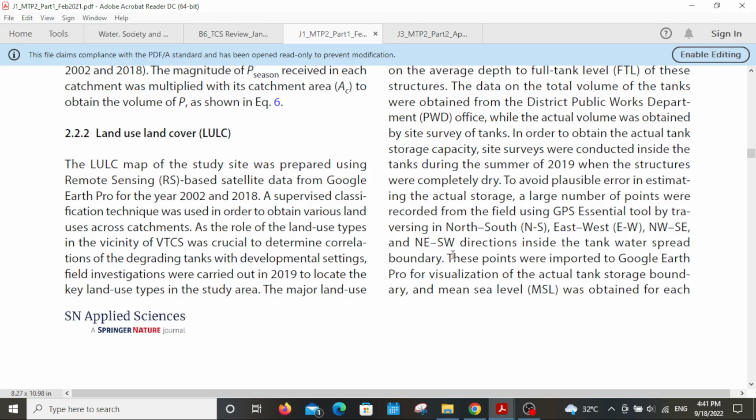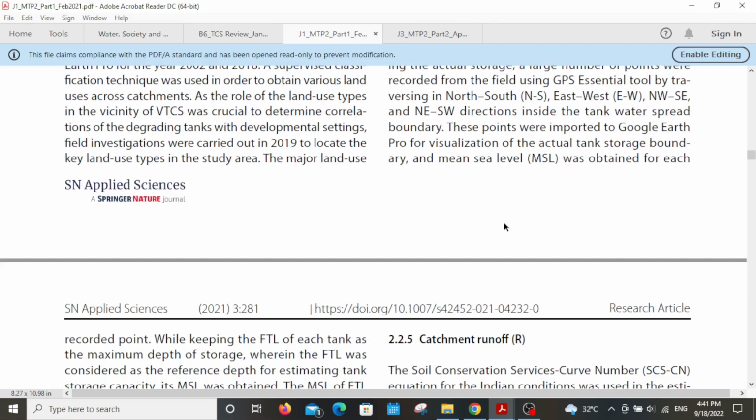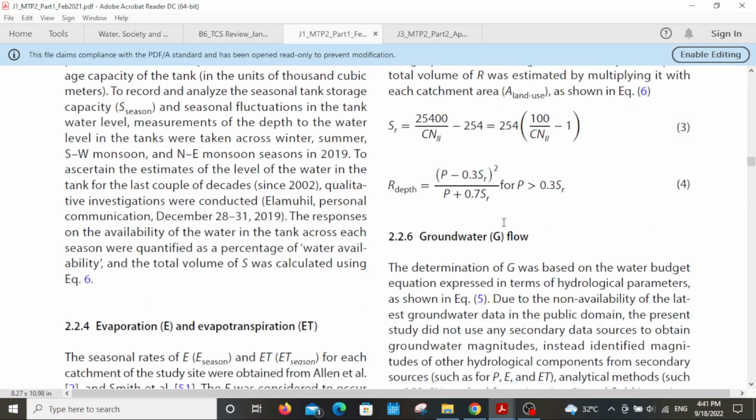So within each tank, many points were taken using this geopositioning system tool, which provided the latitude and longitude of each of these points as well as the elevation from the mean sea level, on the basis of which we identified the actual storage capacity of each of the tanks. More details are in this manuscript.